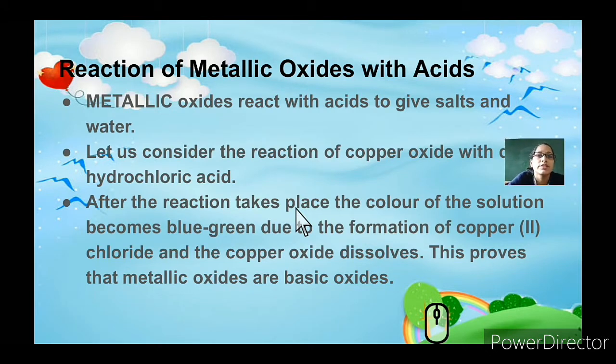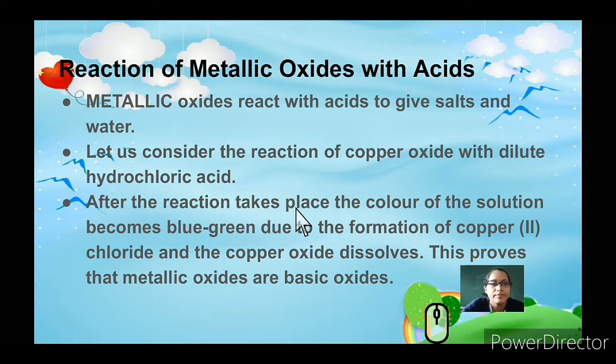Next we will see the reaction of metallic oxides with acids. Metallic oxides react with acids. These also give rise to salt and water. For example, when copper oxide reacts with dilute hydrochloric acid, the color of the solution becomes blue-green due to the formation of copper chloride.